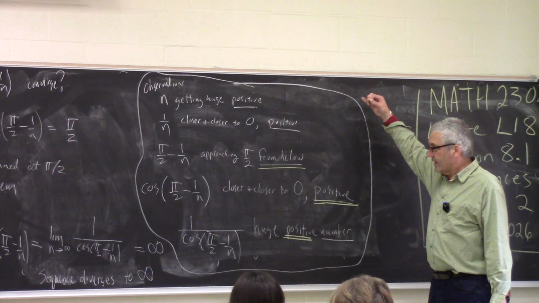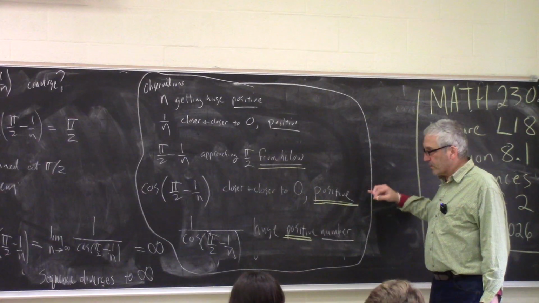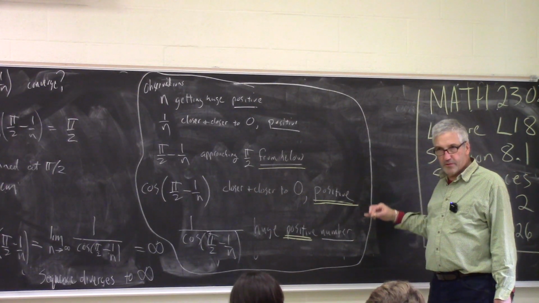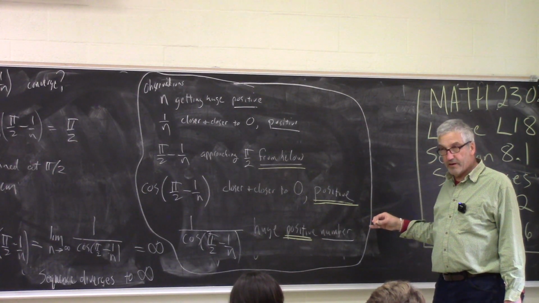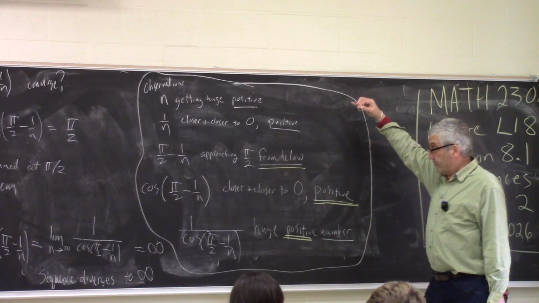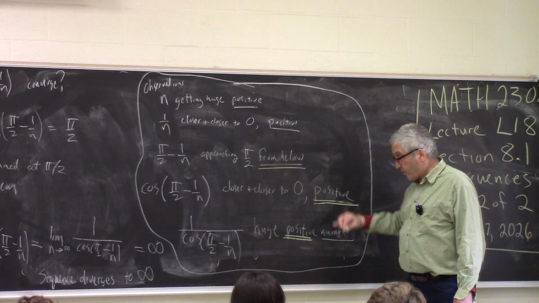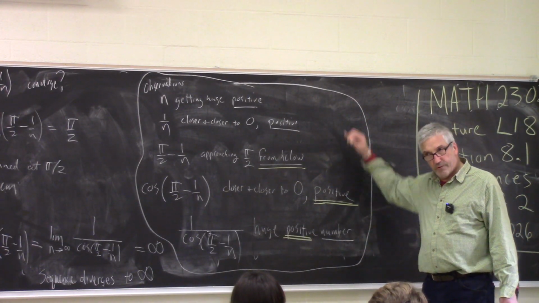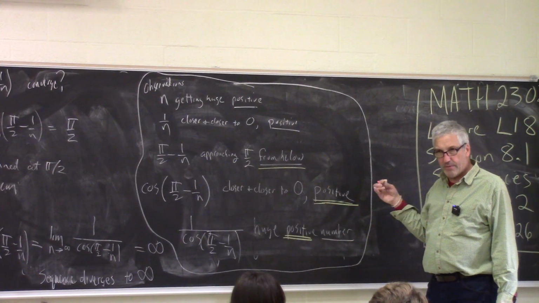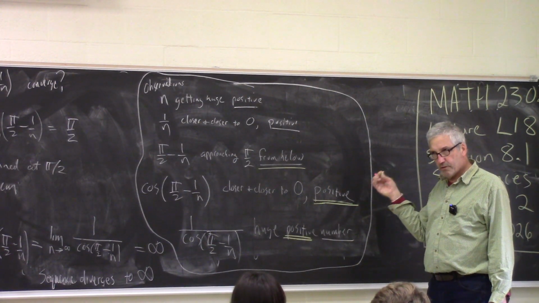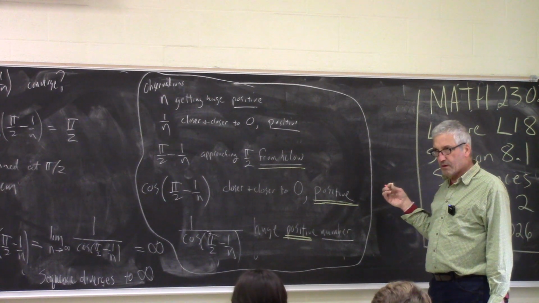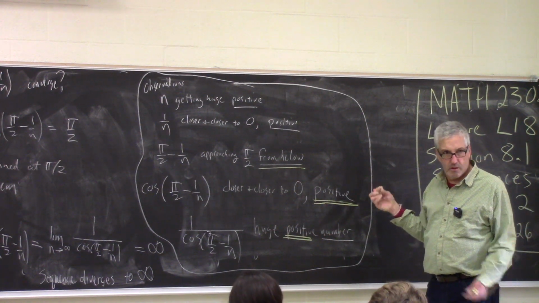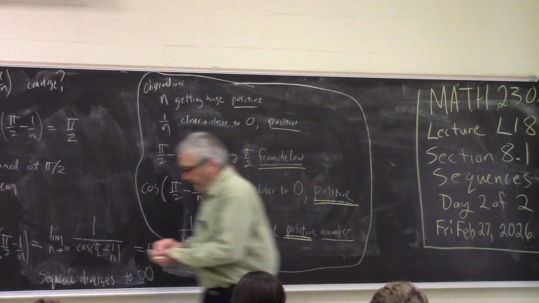But to explain how these things really work, you have to think of them this way. There's really no other way around this kind of detail. But notice, it took me 1, 2, 3, 4, 5 steps of reasoning. Every one of those bits of reasoning is just thinking about positive and negative, big, close to 0 or not close to 0, and ratios. So you get better at this. Okay, so that's that.